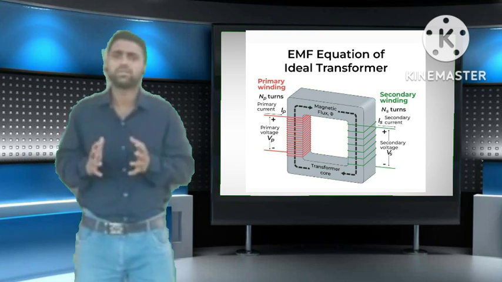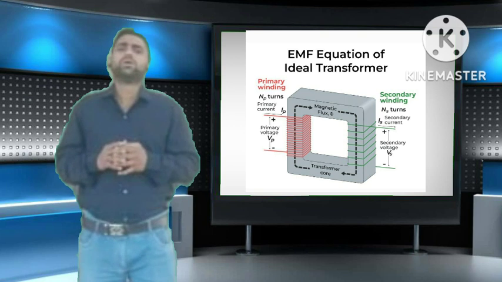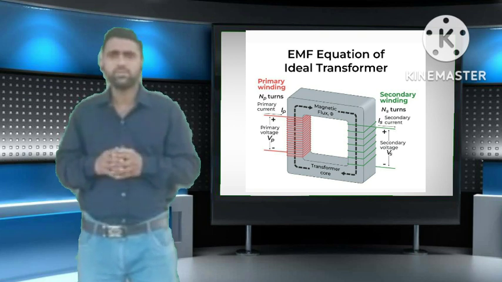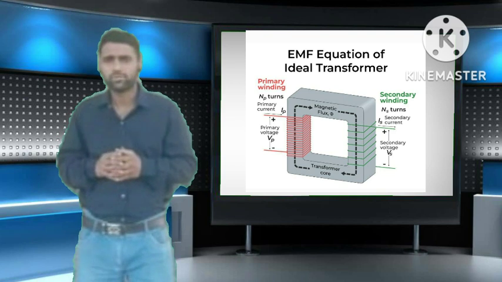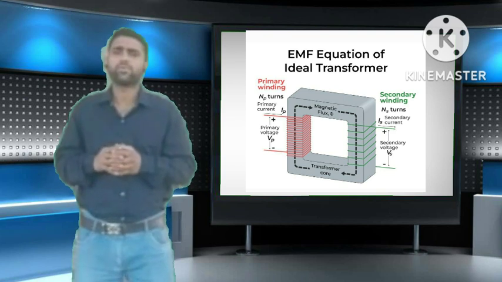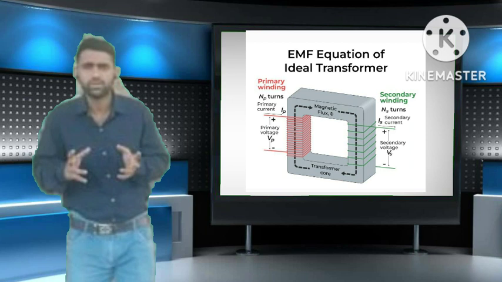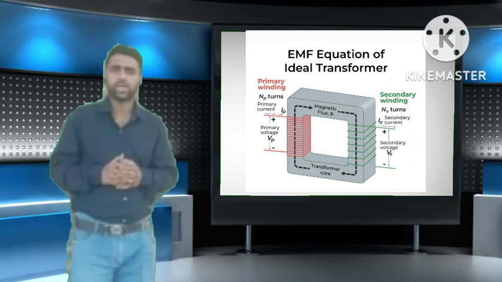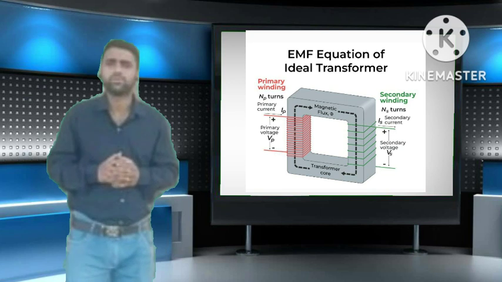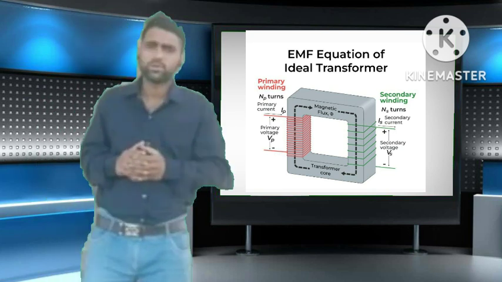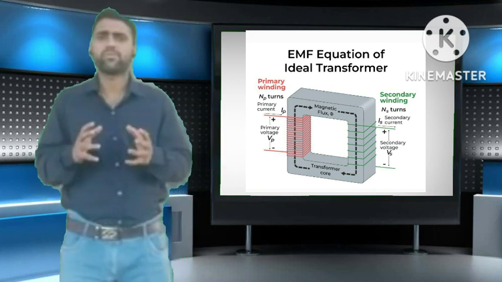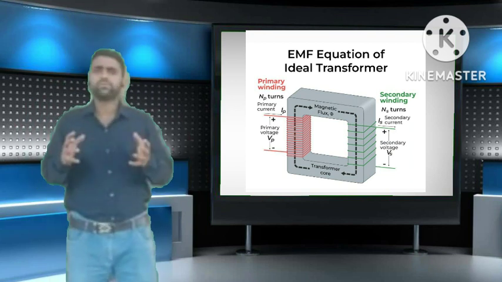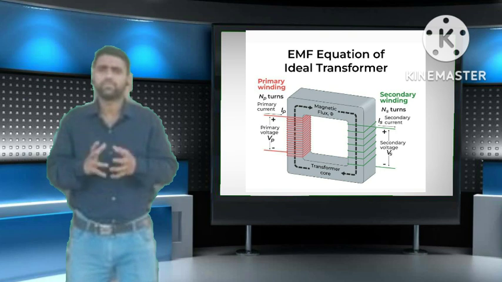Basic theory of transformer. Say you have one winding which is supplied by an alternating current source. The alternating current through the winding produces a continually changing, alternating flux surrounding the winding.